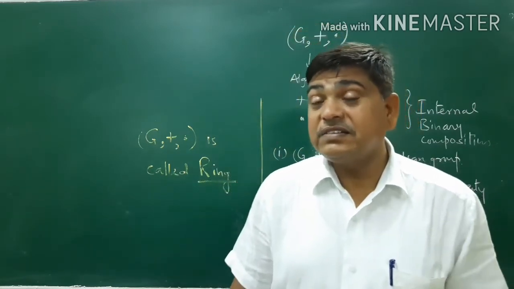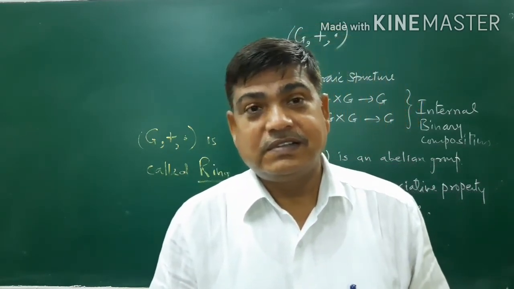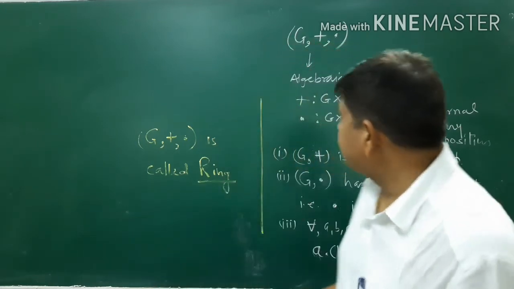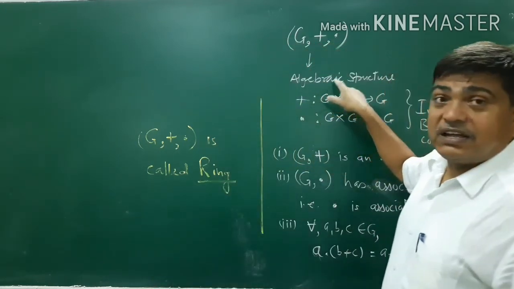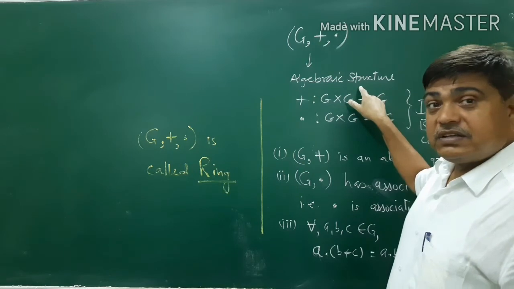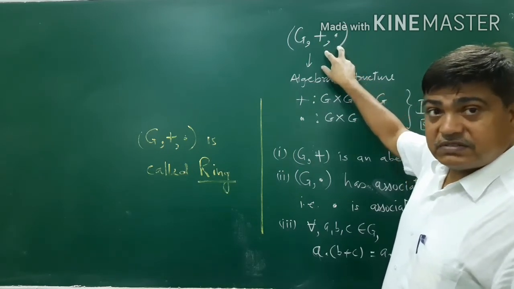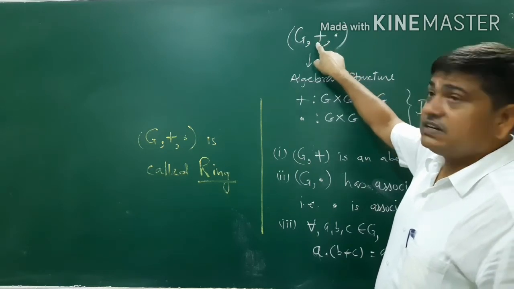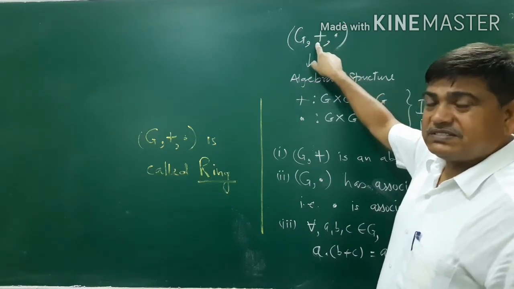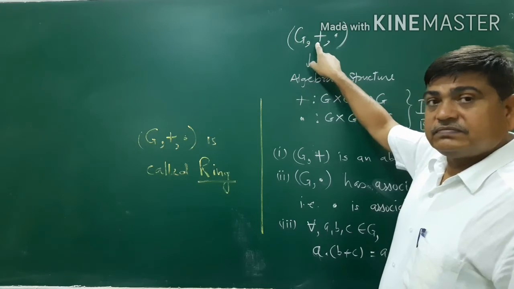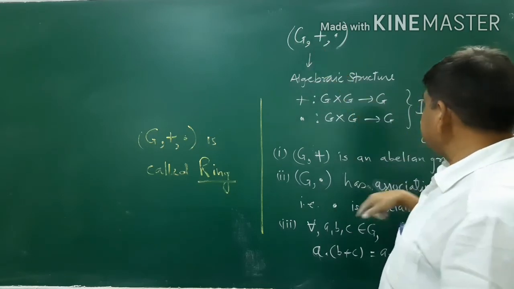So what is a ring? A ring is an algebraic structure equipped with two binary compositions. With respect to the first binary composition, that is denoted by plus, generally we say addition, it is an abelian group.